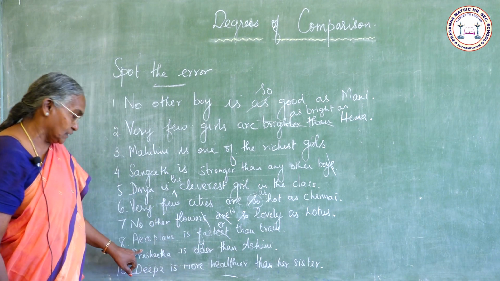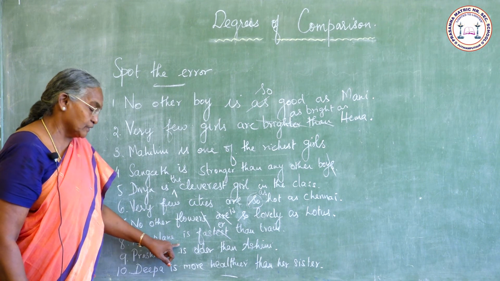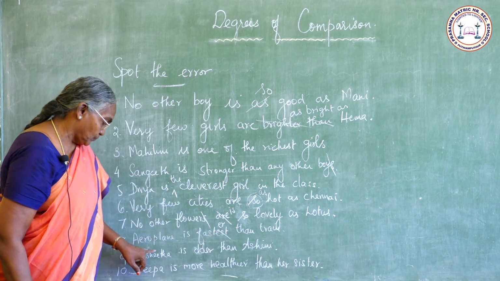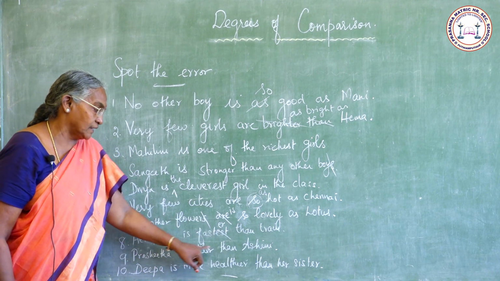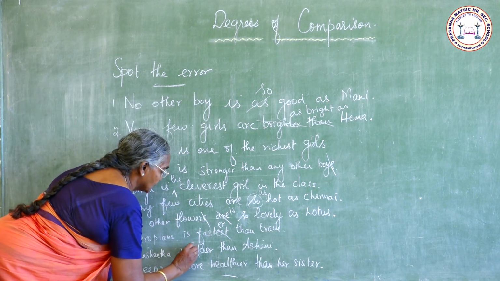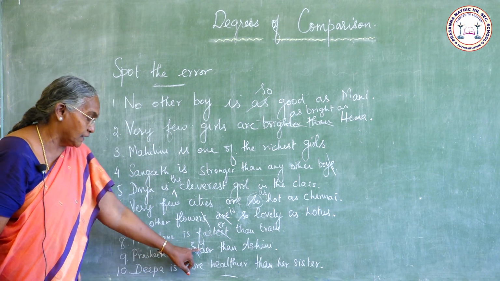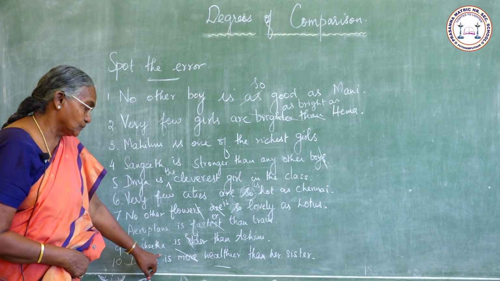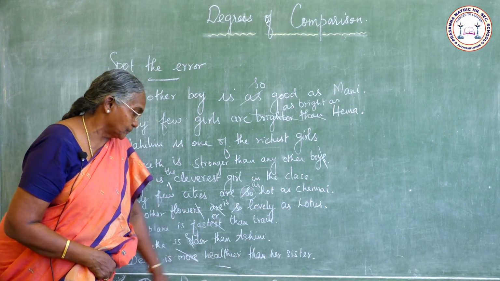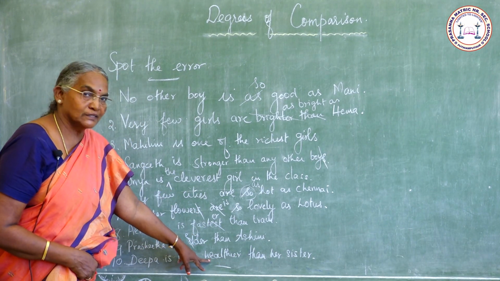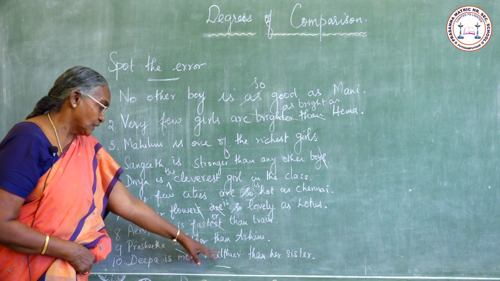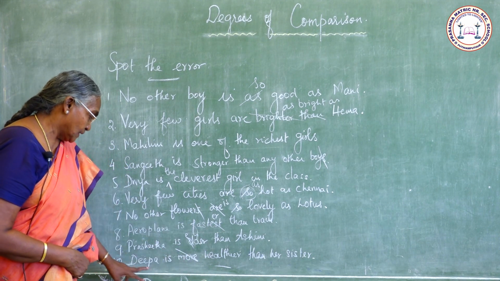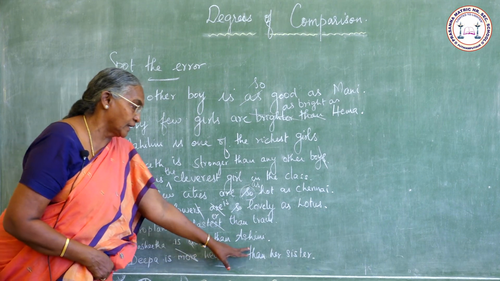She is not a thing, she is a girl, and it refers to the age of these girls. So Prashita is elder than Ashini. Deepa is more healthier than her sister. Healthier is not a polysyllabic word, so we don't use "more". Deepa is healthier than her sister.